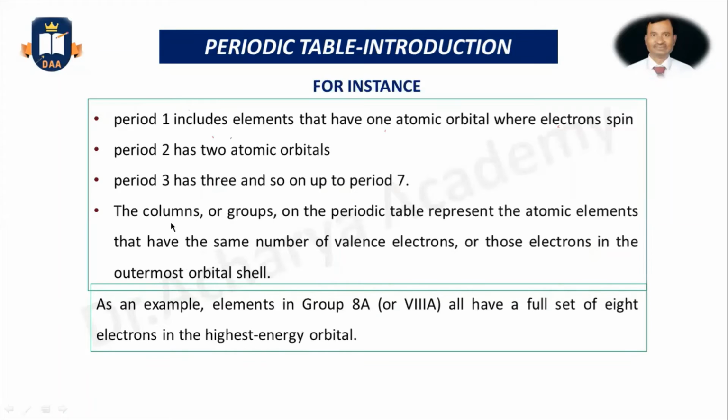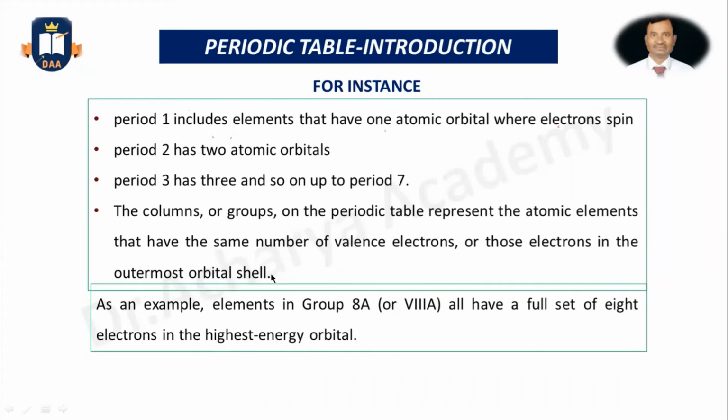The columns or groups on the periodic table represent the atomic elements that have the same number of valence electrons, or those electrons in the outermost orbital shells.